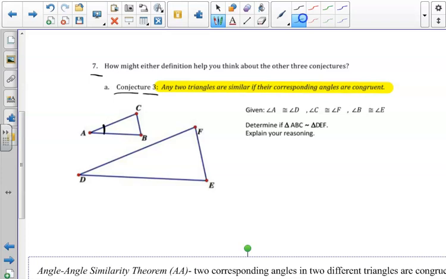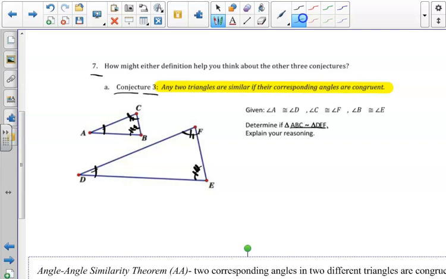We are given that angle A is congruent to angle D. We are given that angle C is congruent to angle F. We are given that angle B is congruent to angle E. So notice we're given the same information from the previous example. We are given that all 3 corresponding angles in a triangle are congruent. And we're asked to determine if the two triangles are similar. Notice that little symbol means similar, and explain your reasoning.